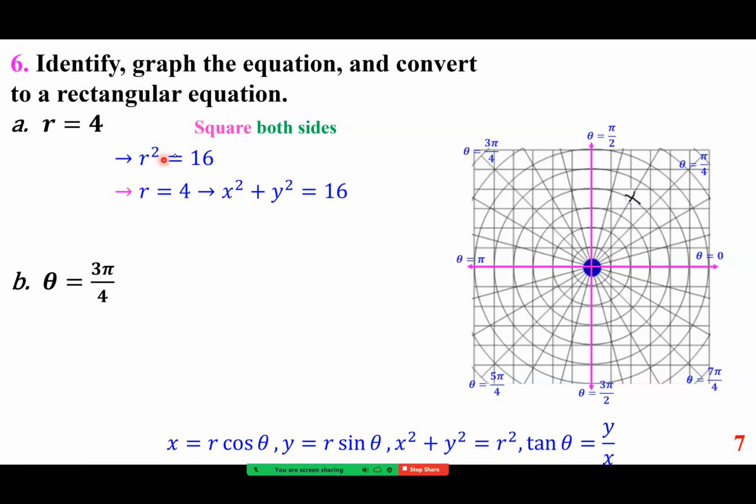So it is a circle which is centered at the origin or the pole with a radius of 4. So r equals 4. Now, the advantage of the polar equation is that it's easier when you compare these two to represent it.